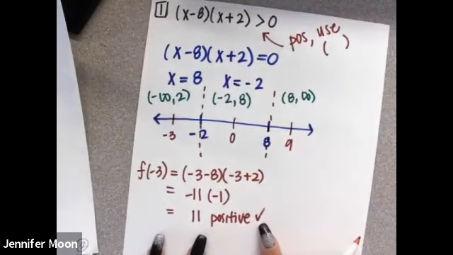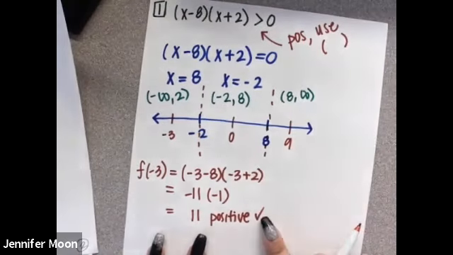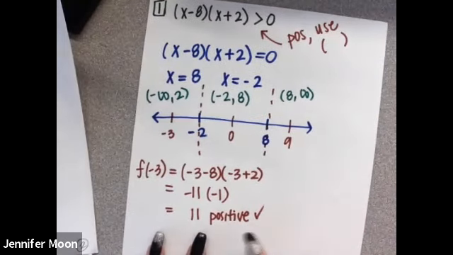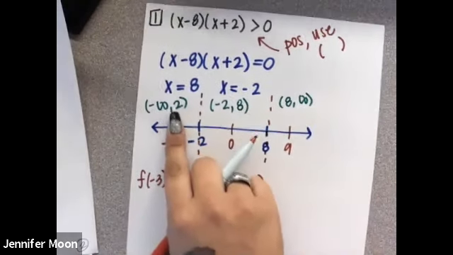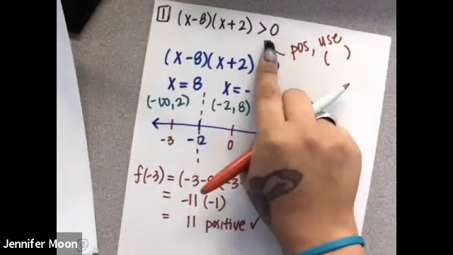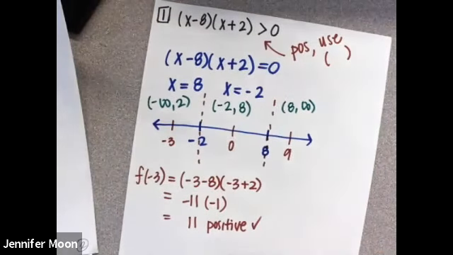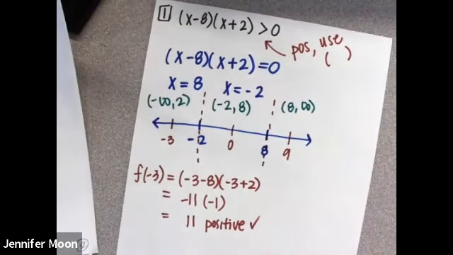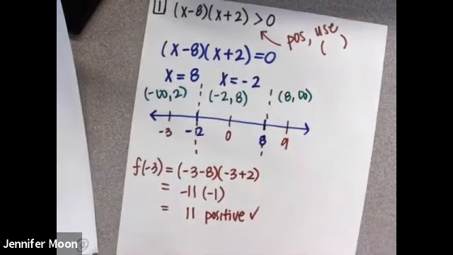That check mark means that this interval notation is going to be a part of my solution set. If I'm looking for a positive number and I get a negative number, I'm going to do an X, which means that interval is not in my solution set. Does that make sense? Yeah? I don't know how y'all understand me.